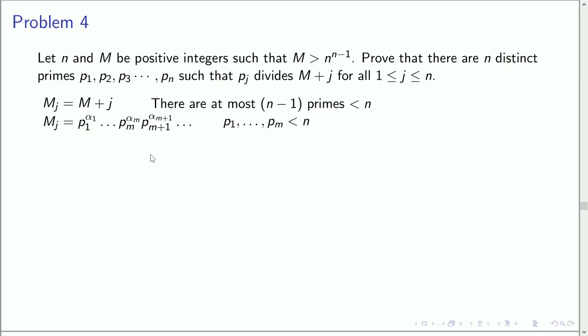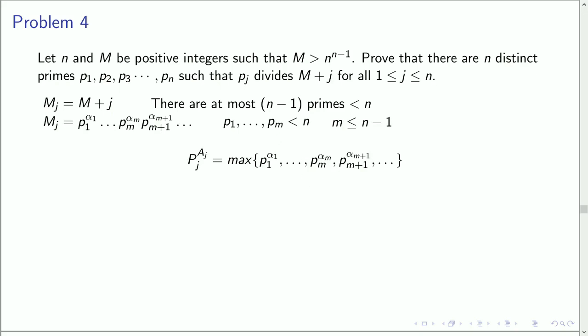Now you look at the maximal of the prime powers. Of course m will be at most n minus 1; from this statement here we get this. So from these prime powers, p1 to the alpha 1, pm to the alpha m, you take the maximal.